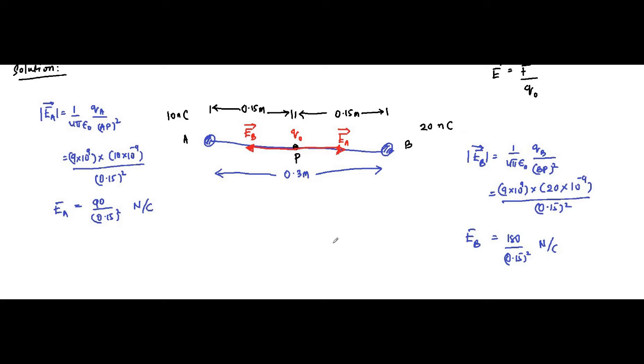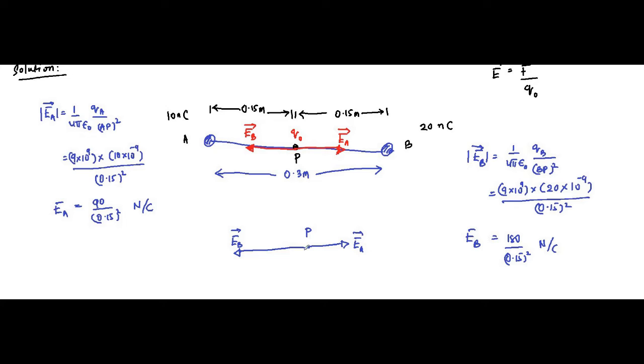So we have been asked to find the net electric field at P. So here this is the point P, this is EA vector, this is EB vector. See, the length of the vector EB is slightly high because its magnitude is high.